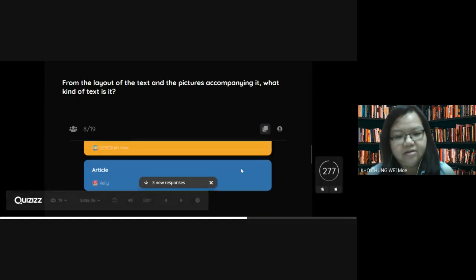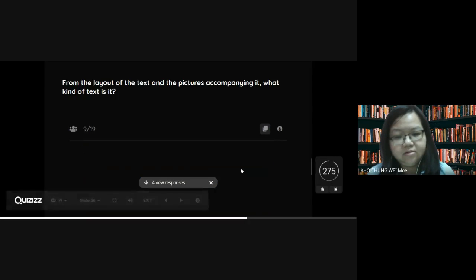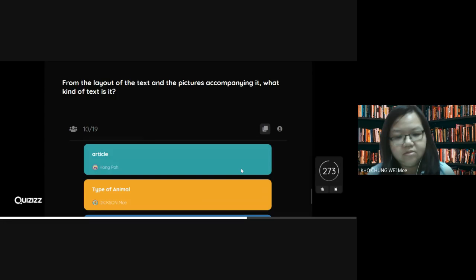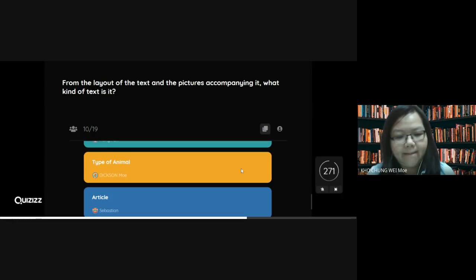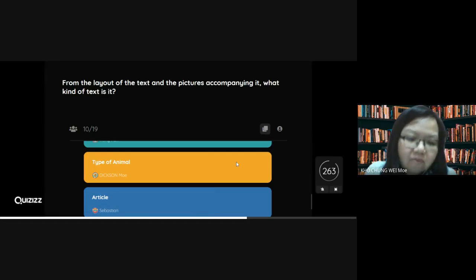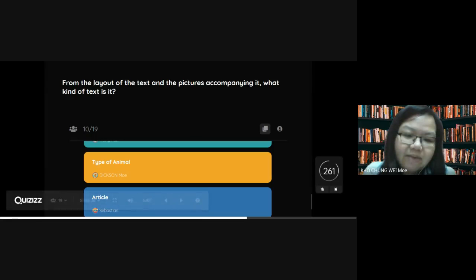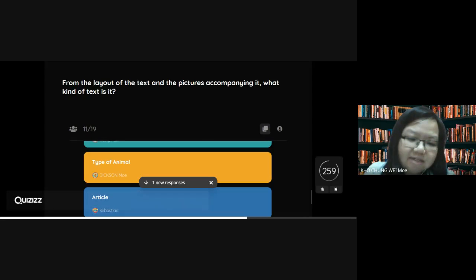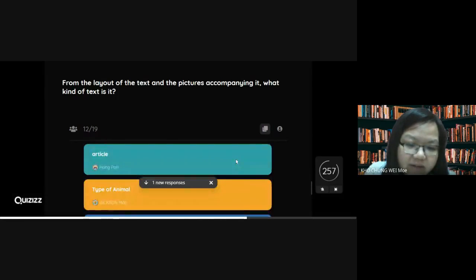Type of animal, Dixon, is not the type of text. We are looking at text type now. We are not looking at what the text is about. We're talking about what kind of text it is. So type of animal cannot be accepted.